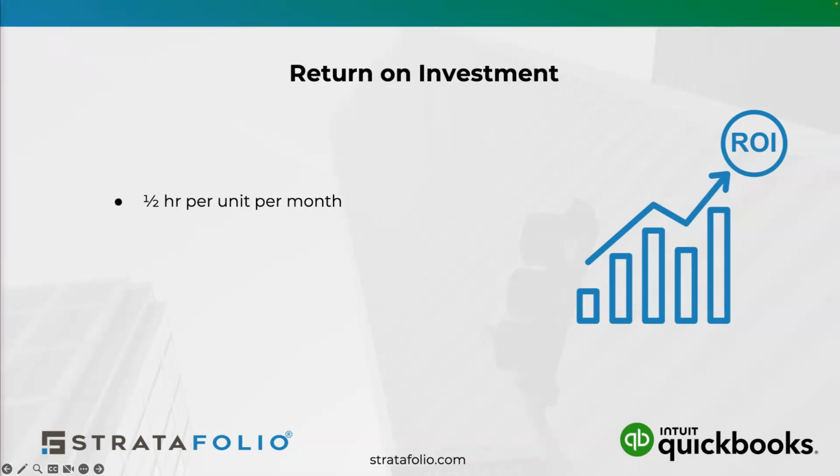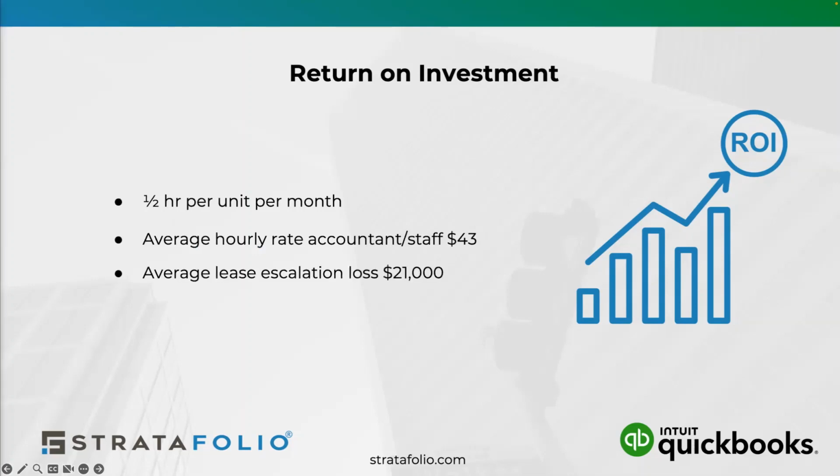The average company spends half an hour per unit per month managing their commercial portfolio. And they're paying that resource an average across the United States of about $43 an hour. And they acknowledge that they have lost $21,000 alone in a year from missed lease escalations.